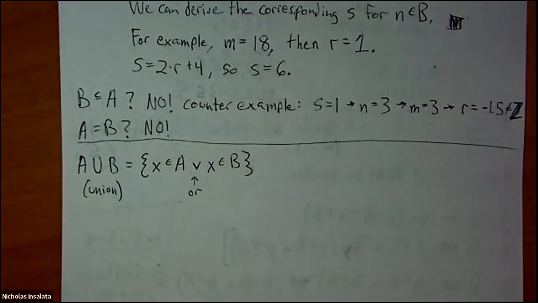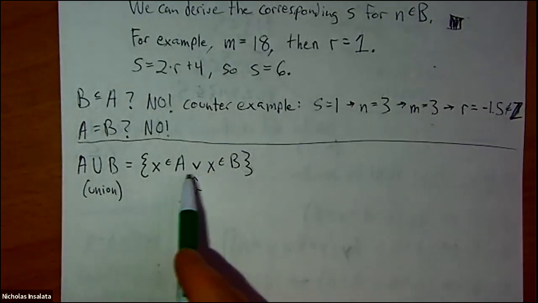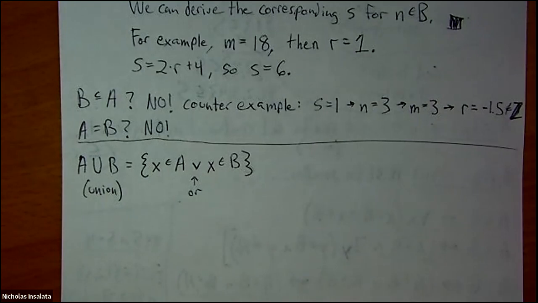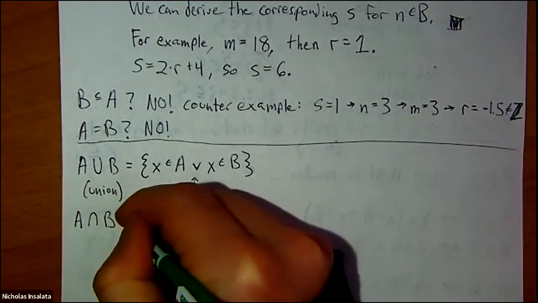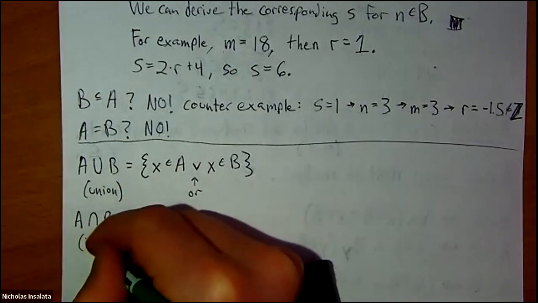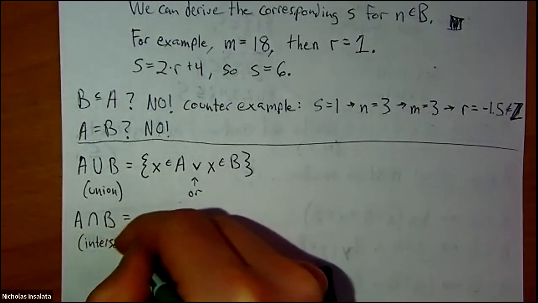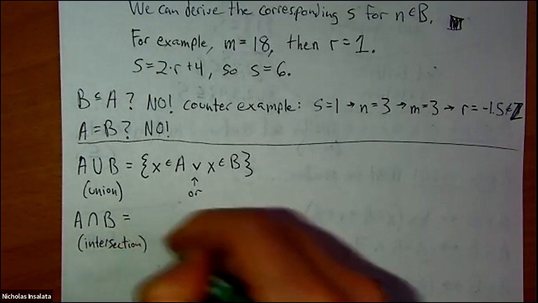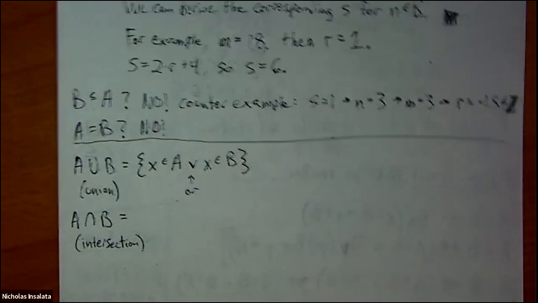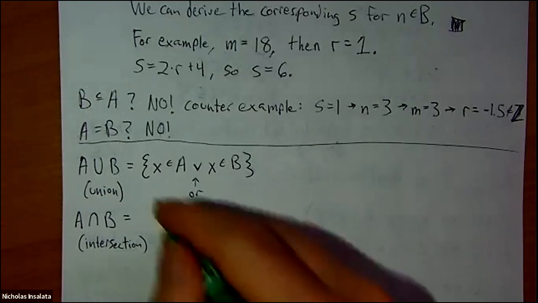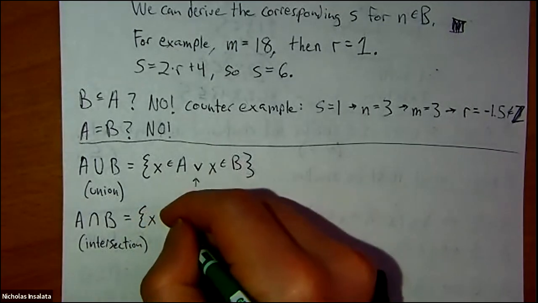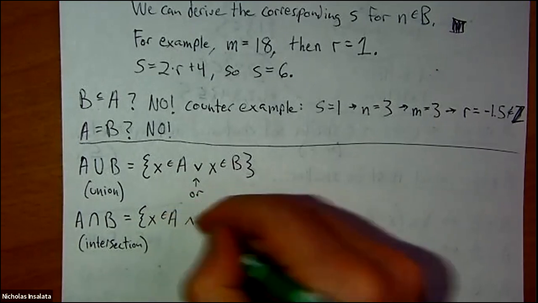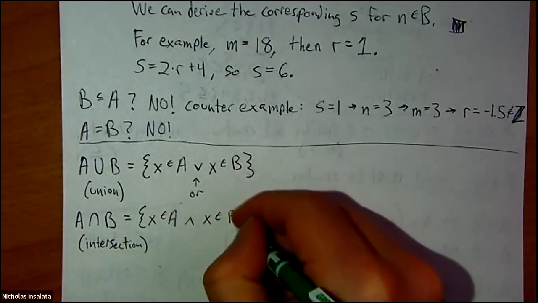For the union, we could have X's in A or X's from B, okay? What about intersection? What do you guys think? And instead of or, very good. X is an element of A and X is an element of B.